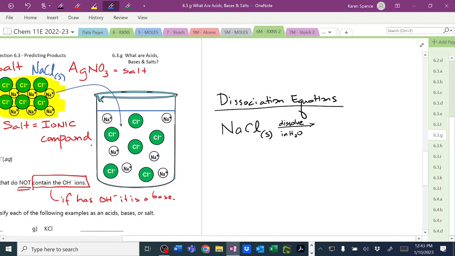And now we are dissolving it in the water. And what do we get? We get Na plus, and we get Cl minus. So basically when we're dissociating, we are just separating the ions.